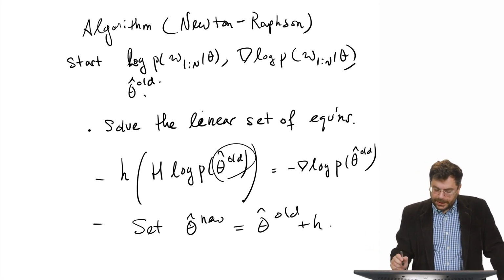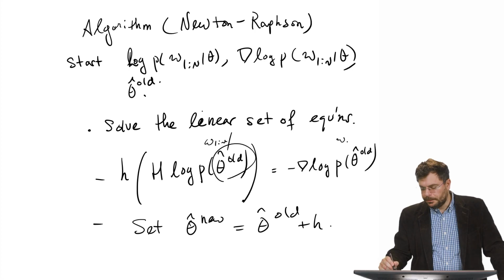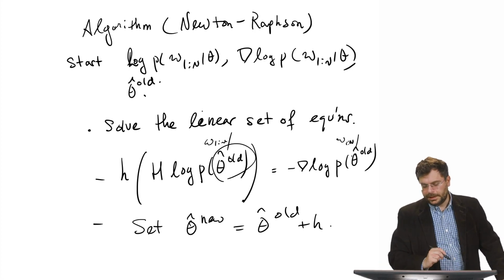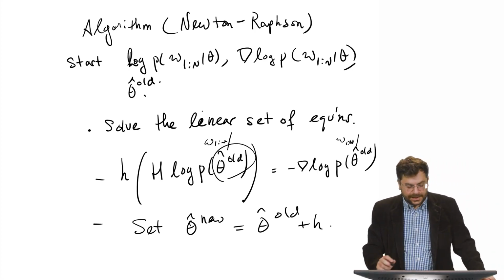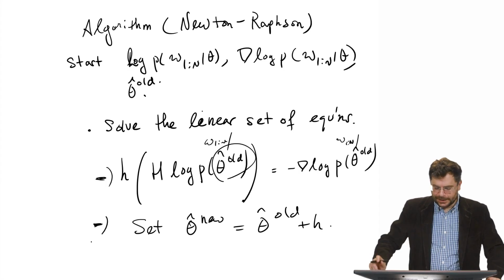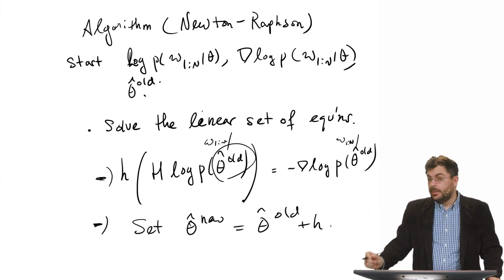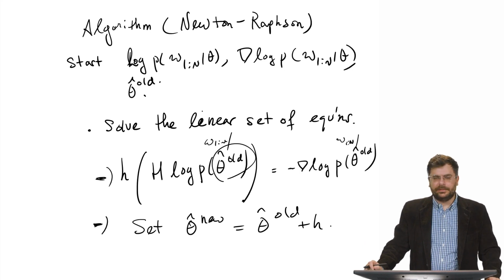Here I kind of use shorthand notation. In principle, I could have written w and then conditioned on theta old, but I'm just abbreviating my notation a little bit. And that is it. So this, I should say, is a bullet point. It's not a minus sign, so maybe I can do something like this. This here is genuinely a minus sign.